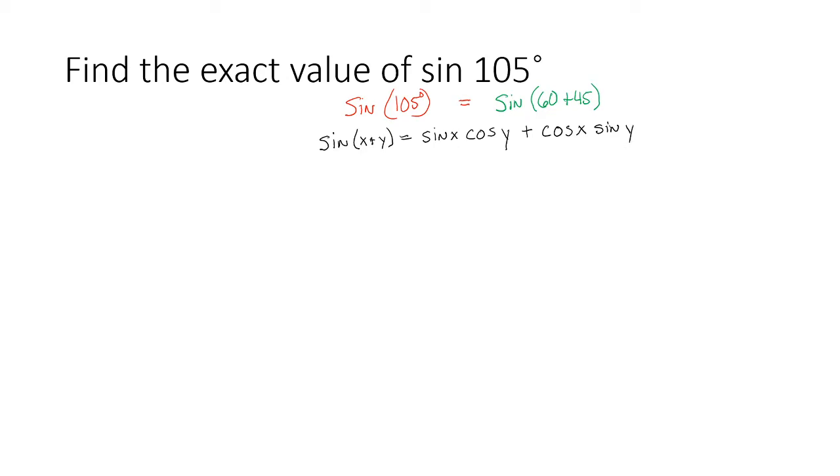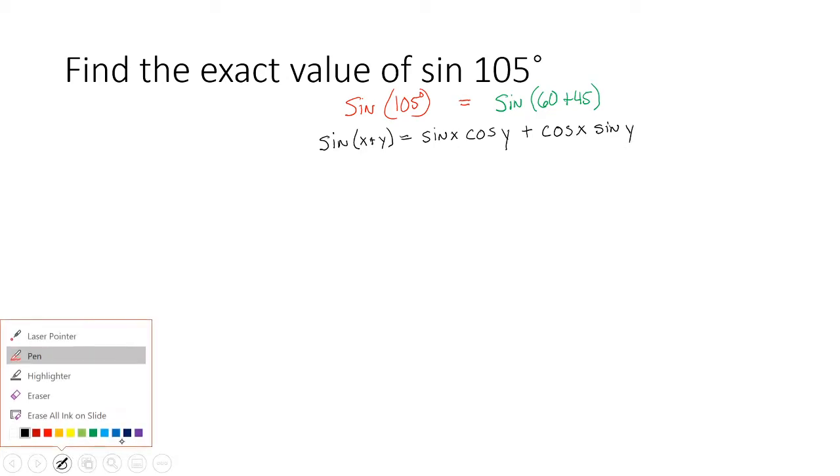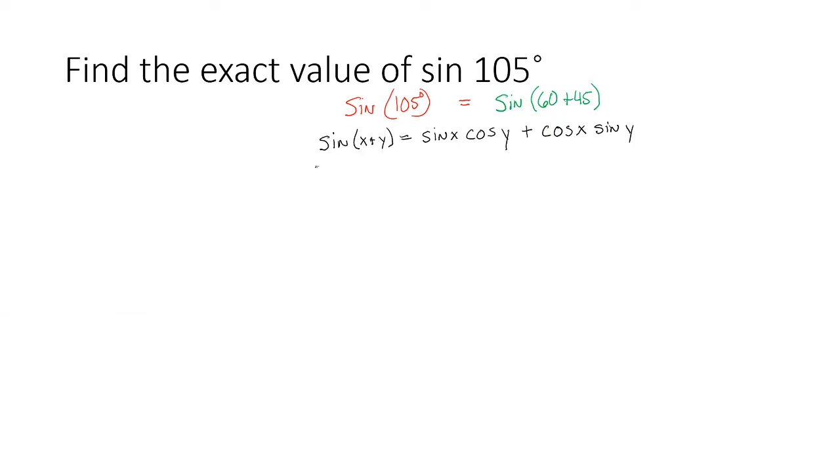That ought to work. So now what we're going to do is we're going to begin substituting in values. Our x value is going to be 60. Our y value is going to be 45. So we're going to have the sine of 60, because remember x is 60, times the cosine of 45.